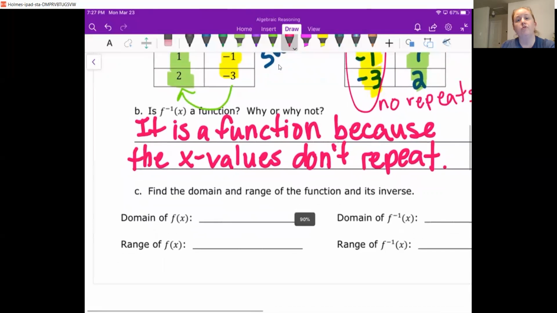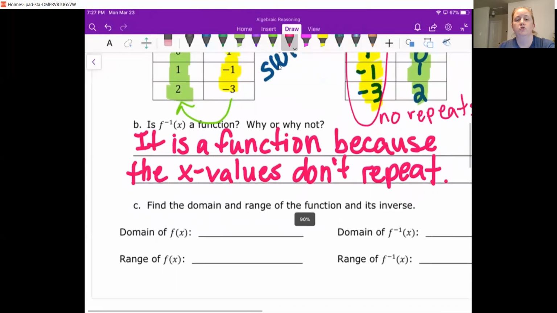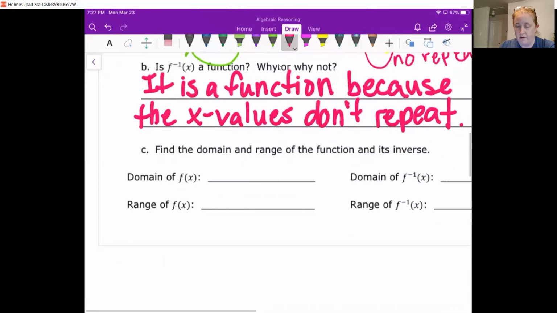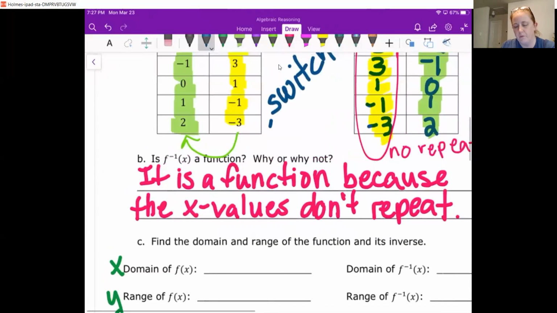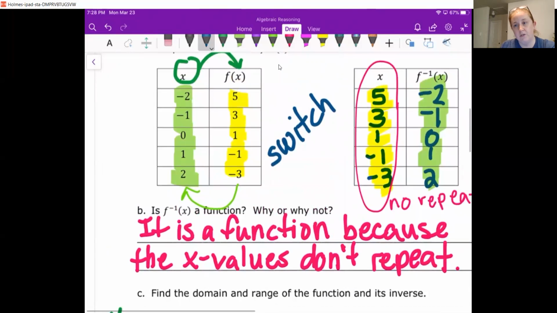Now, let's talk about the domain and the range. So the domain of f of x, remember these were your x values. The range is always the y values. So let's go back up and look specifically at those numbers. All right, so the domain of my x are all of those highlighted in green on the left side.